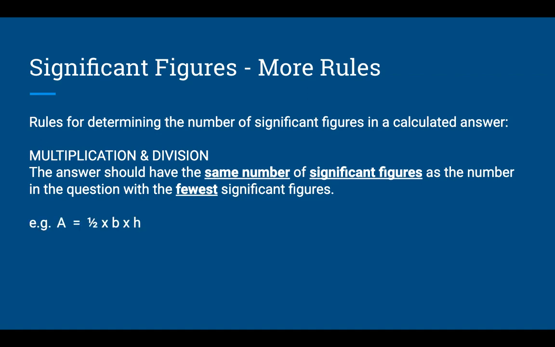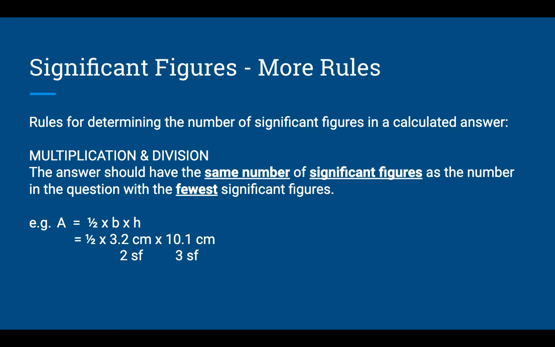So here's an example. We're calculating the area of a triangle, half times base of 3.2 centimeters times a height of 10.1 centimeters. So you put that in your calculator and you get an answer. But how do you round your final answer? So you look at the significant figures. That half is a defined value, so it doesn't count. 3.2, well, that is 2 significant figures. 10.1, 3 significant figures.